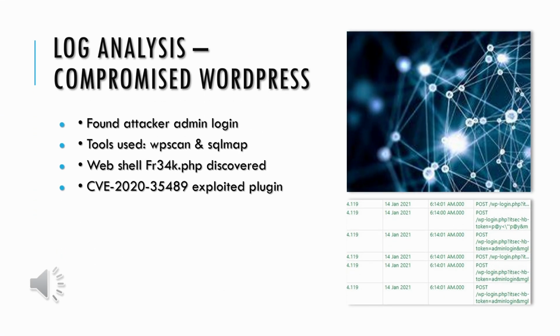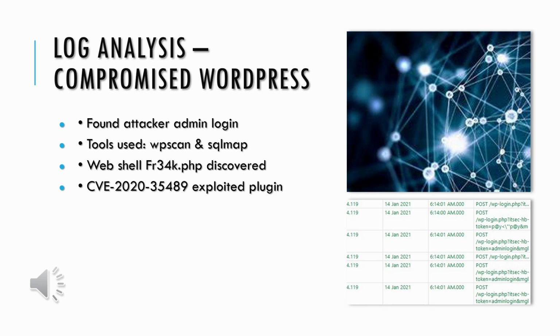In this investigation, I examined WordPress server logs to uncover a web compromise. Searching for admin login patterns revealed unauthorized access to the wp-login.php endpoint. I also found evidence of common attacker tools such as WPScan and SQLmap, and discovered a malicious web shell named freak.php.